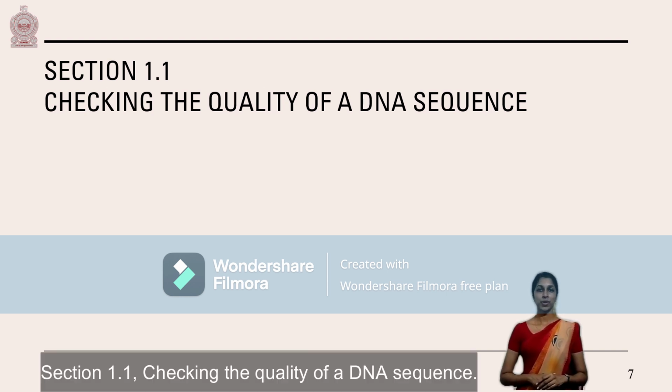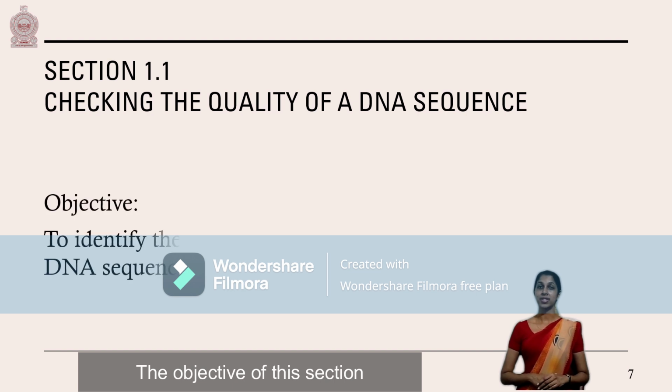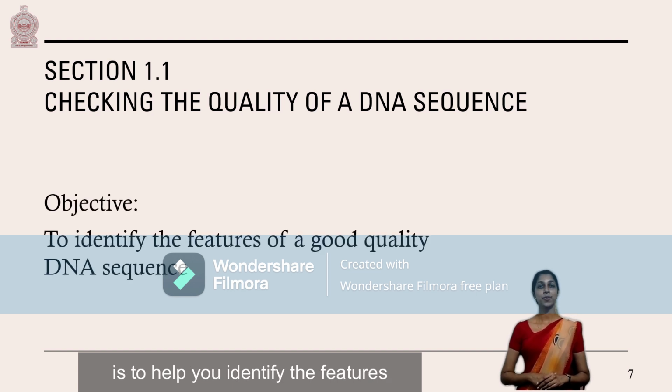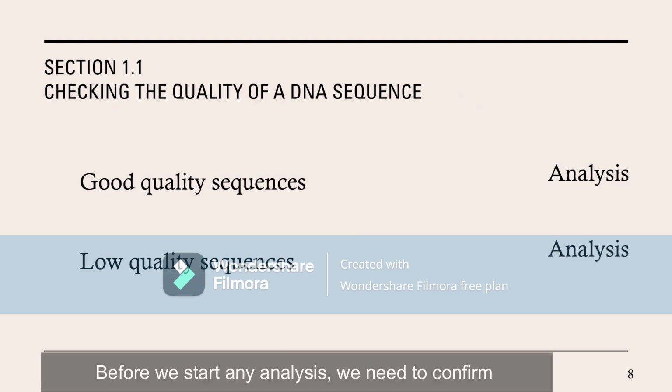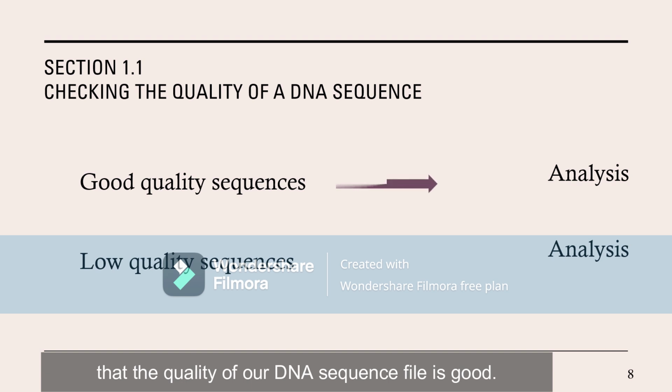Section 1.1, Checking the quality of a DNA sequence. The objective of this section is to help you identify the features of a good quality sequence. Before we start any analysis, we need to confirm that the quality of our DNA sequence file is good.